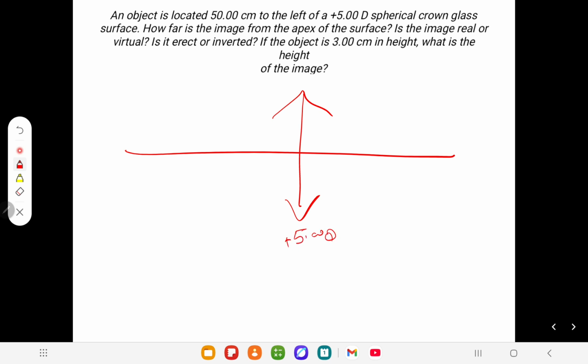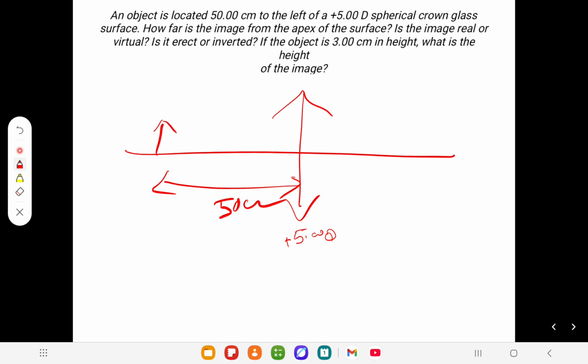The object lies 50 centimeter away, so this distance is 50 centimeter. This is the object, in a spherical crown glass. How far is the image from the apex of the surface, and is the image real or virtual, erect or inverted?